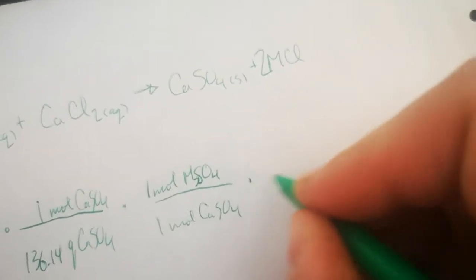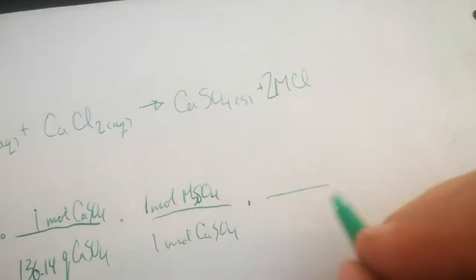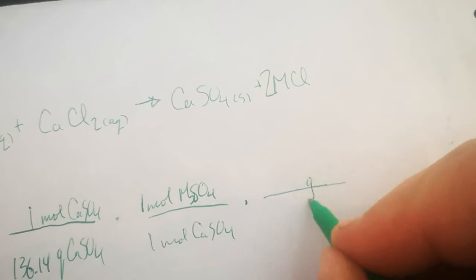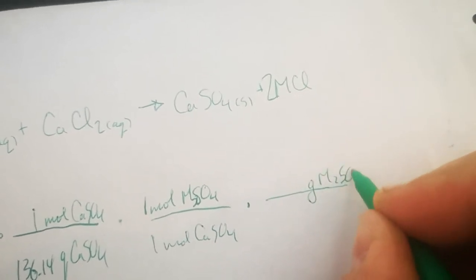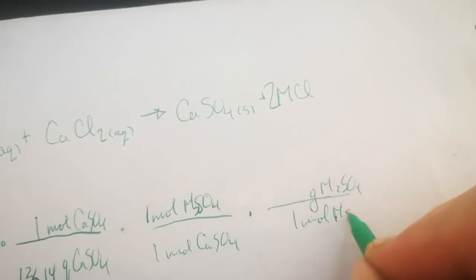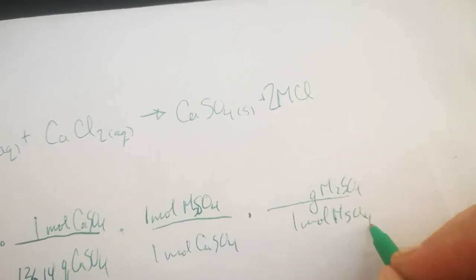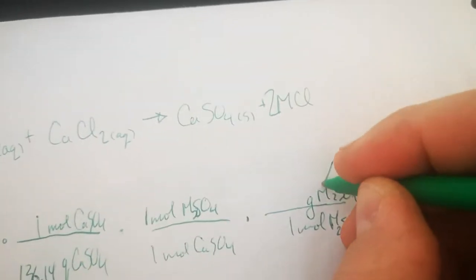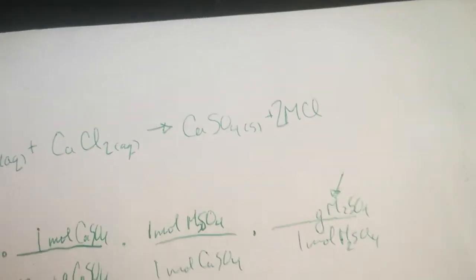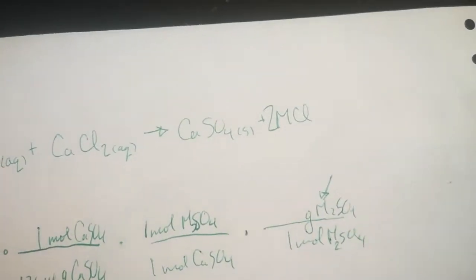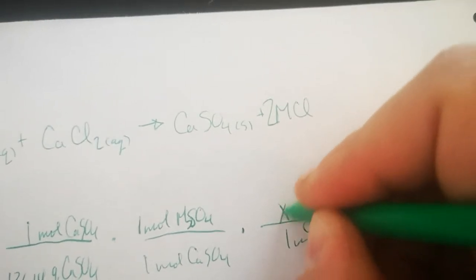Now we're going to convert that into grams of M2SO4, from 1 mole. Now the thing is, we don't know the molar mass of M2SO4. We don't know the mass of M, so we can't get a molar mass here. So we're going to call this a variable, X.